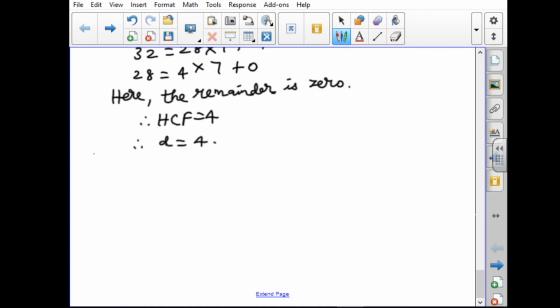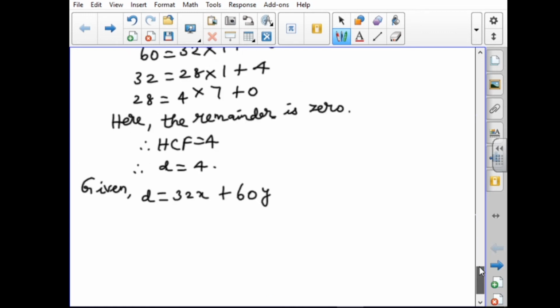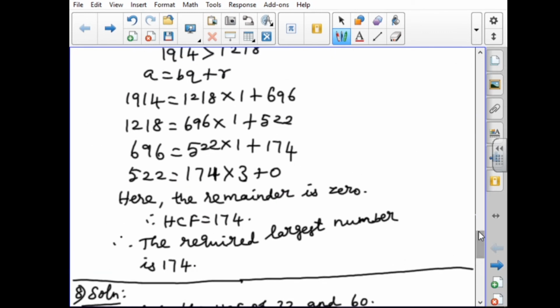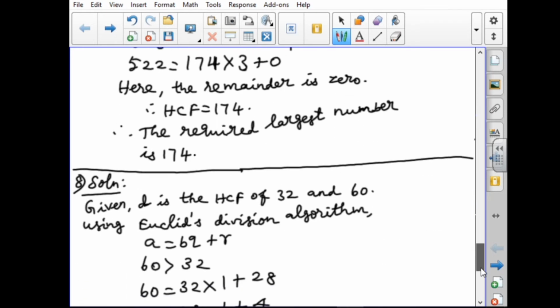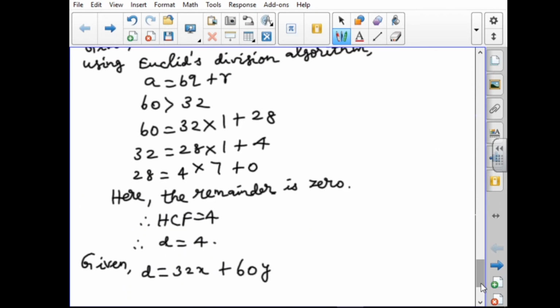Given D equals 32x plus 60y. Here you have to name this equation 1, and this equation 2.